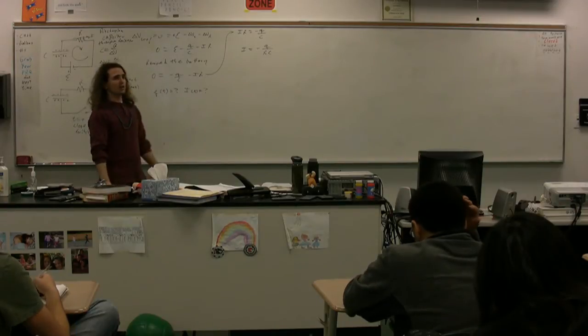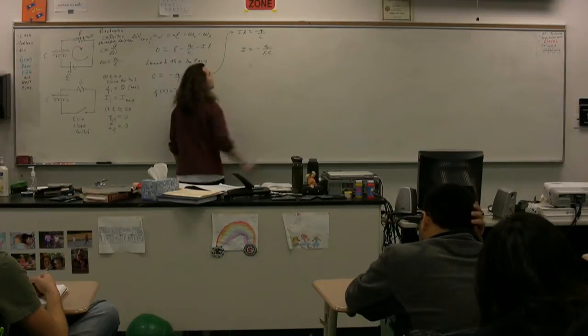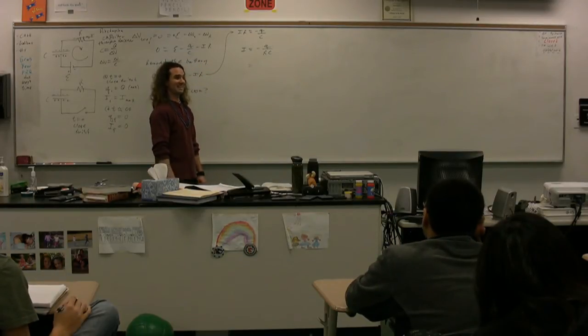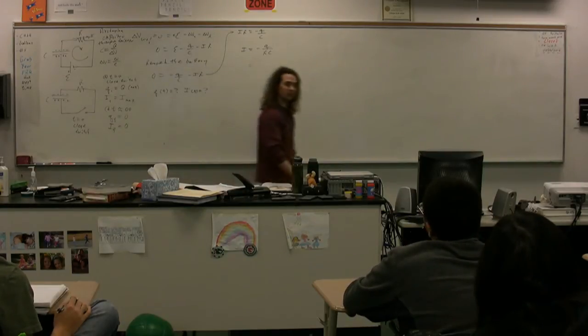The definition of current, Emily, what is the equation for current? There are several options. Just give me one. Delta V over R, right? That would be in terms of voltage and resistance.